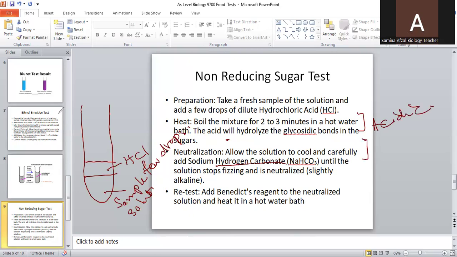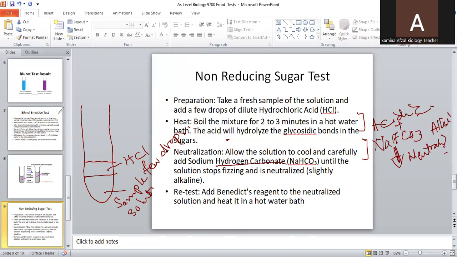For neutralization, you will add sodium hydrogen carbonate. Then you can see it will change into the reducing sugar.